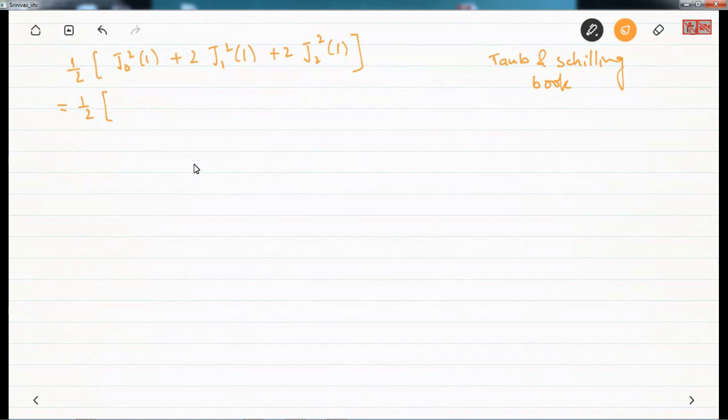So let me write this: 0.289 plus 0.193 plus 0.013. So that is equal to 0.495.